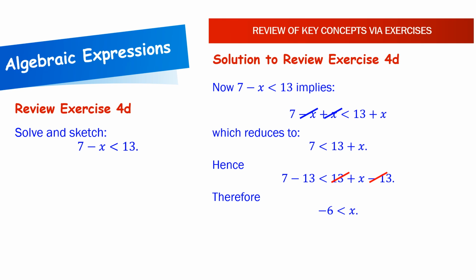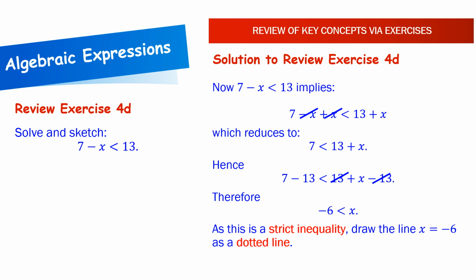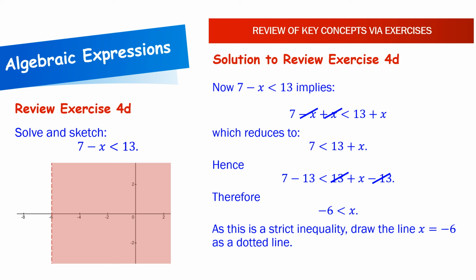The 13s cancel, and we're left with just the x. Now, as this is a strict inequality, we draw the line x equals minus 6 as a dotted line. So the region x greater than minus 6 is to the right of this line.